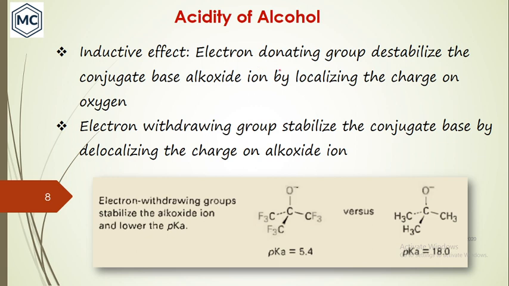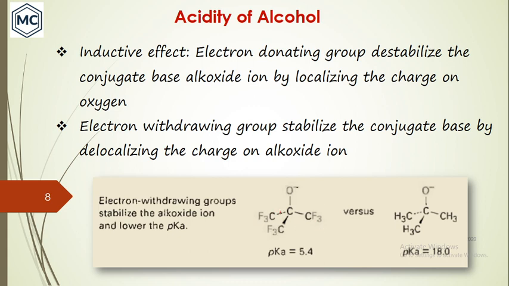That is, an electron donating group can destabilize the conjugate base by localizing the charge on oxygen. You can see it here. All are electron donating groups, so they can increase the electron density over one atom and destabilize this conjugate base. And at the same time, for an electron withdrawing group, you have a CF3 group.